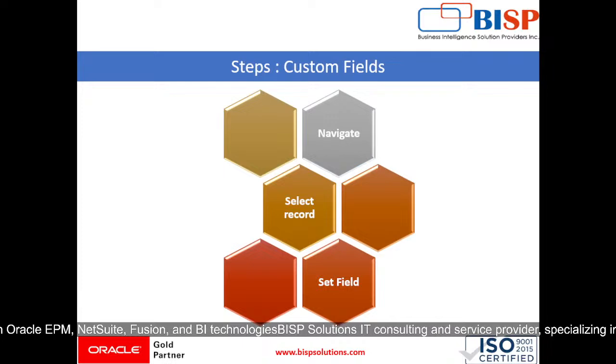The steps involved in custom fields: we navigate to Customization, Lists, Records, and Fields. Then we choose the record type, for example customer invoice, and define the custom field, for example preferred payment method. Then we set field properties like type, visibility, and behavior, for example mandatory or optional.